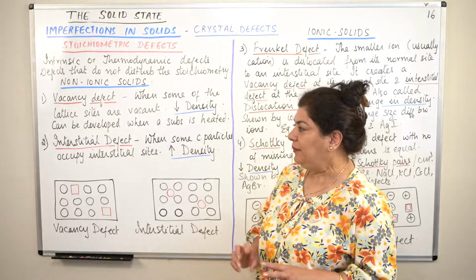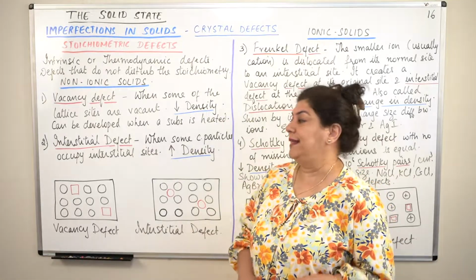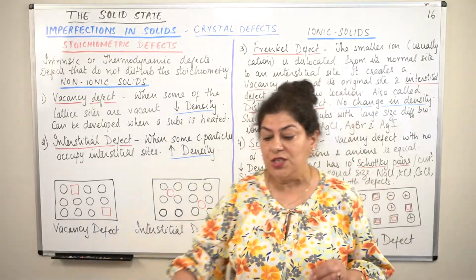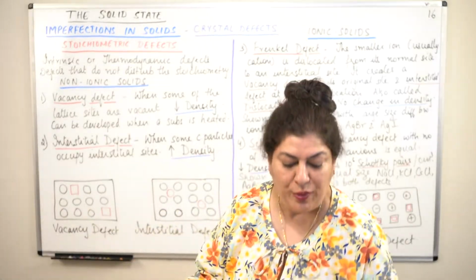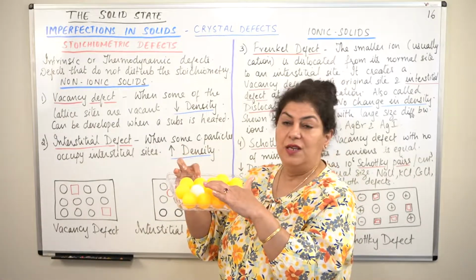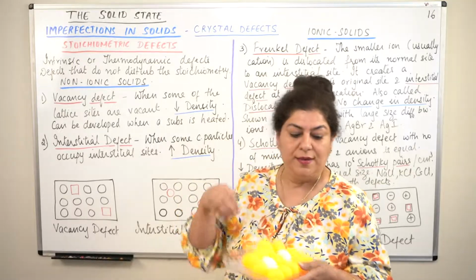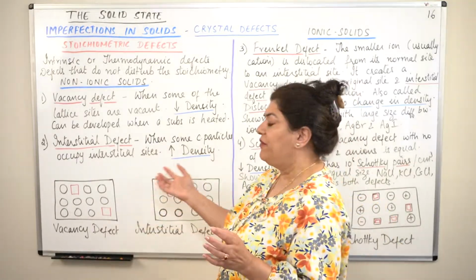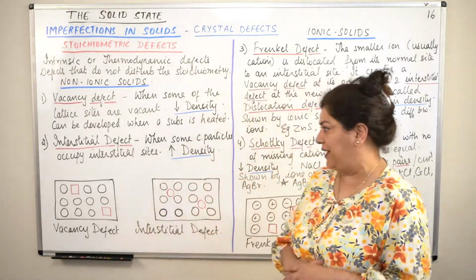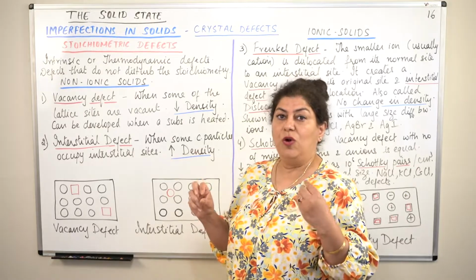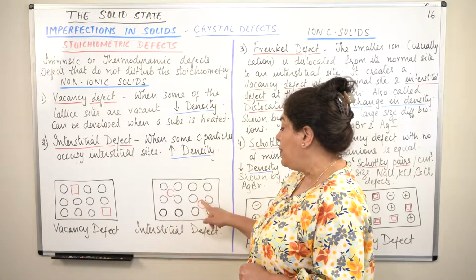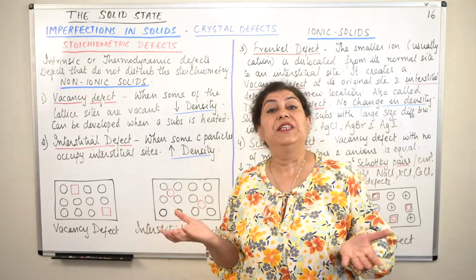Let us now come to the second type, the interstitial defect. What are interstitial spaces? Spaces between constituent particles, the spaces between the atoms or molecules making the solid. In an interstitial defect, the particles are arranged in such a manner that some constituent particles occupy the interstitial sites.